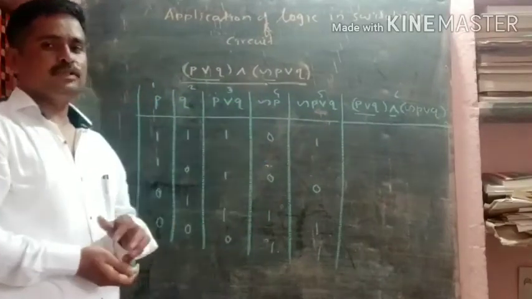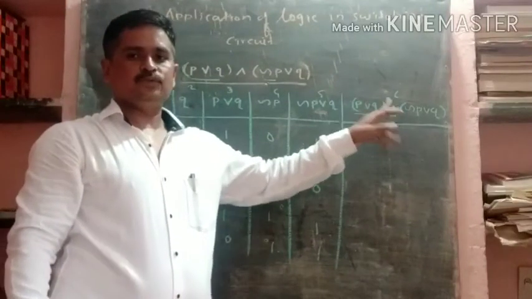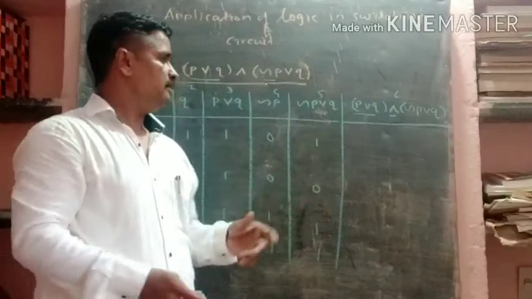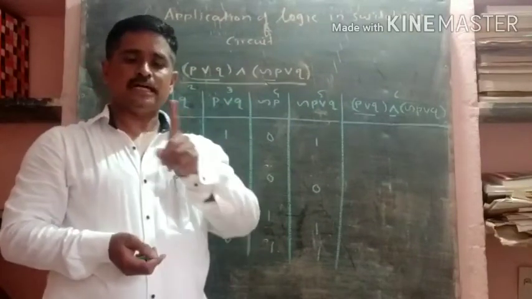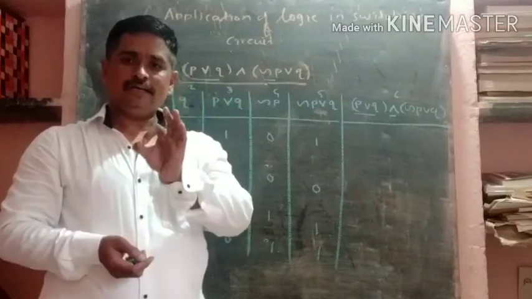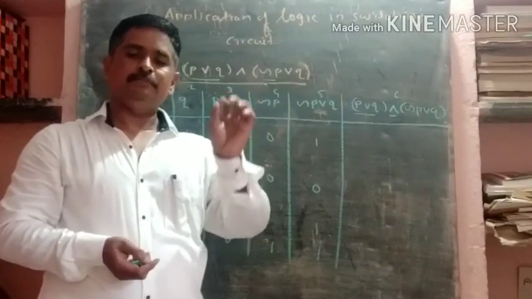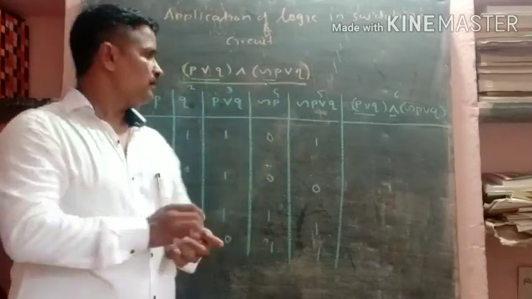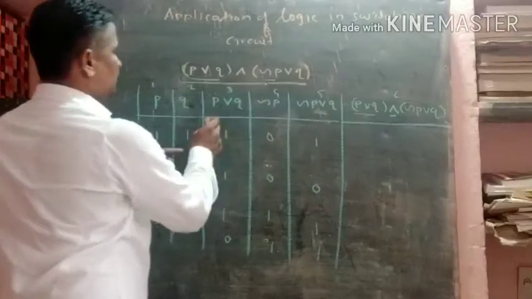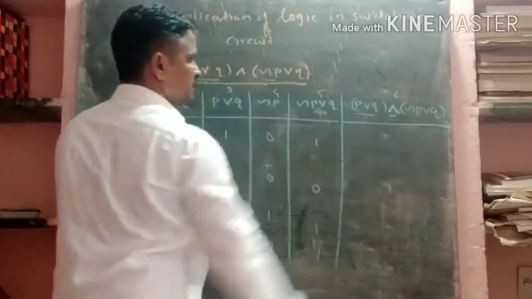So we know the table of series, that means S1 and S2 are connected in a series way. Then there is only one possibility that the value is 1: if S1 is 1 and S2 is 1. That means P is T and Q is T, then it is T, otherwise it is F. So observe column number 3 and column number 5 and take the operation as a series.